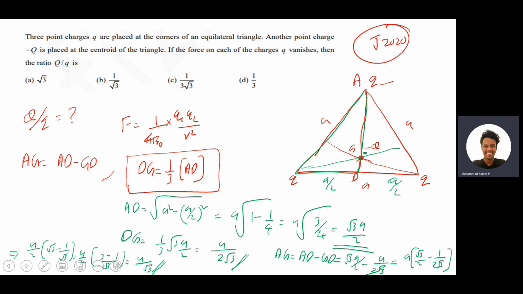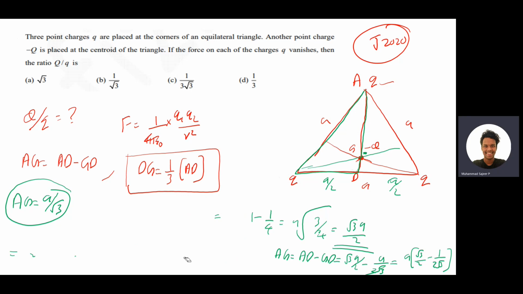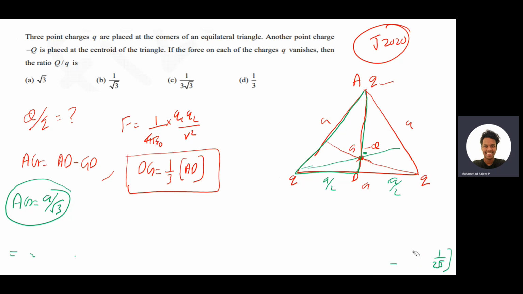I will remove all this. Now I hope you got it. What is AG? AG is a by root 3, right? If you are also trying to solve this problem, just pause this video and try to solve it first, and then you will get an idea of where you are going wrong and how I am solving it.